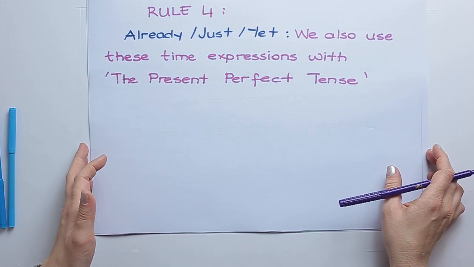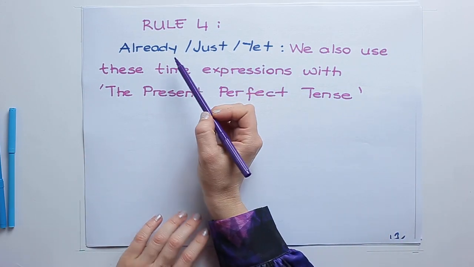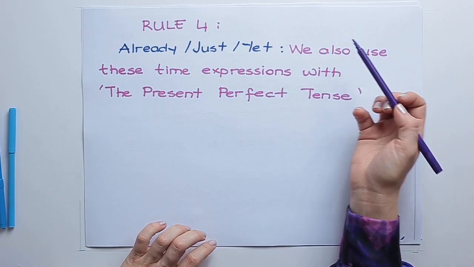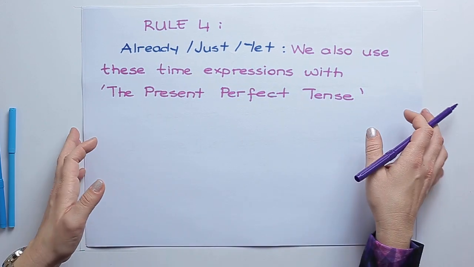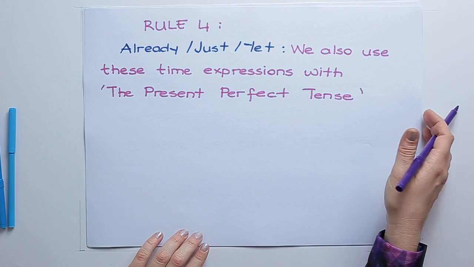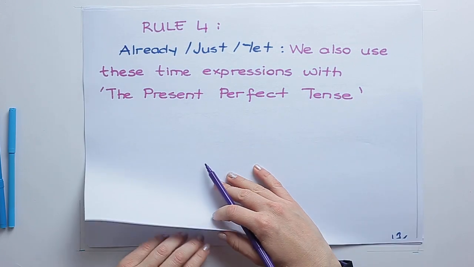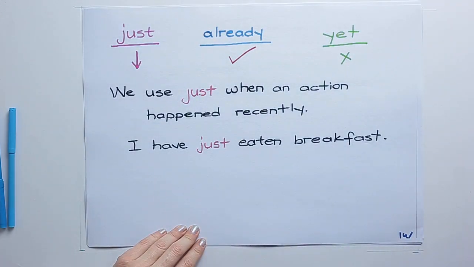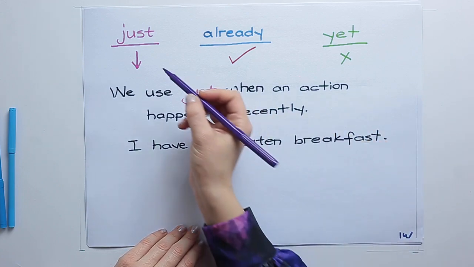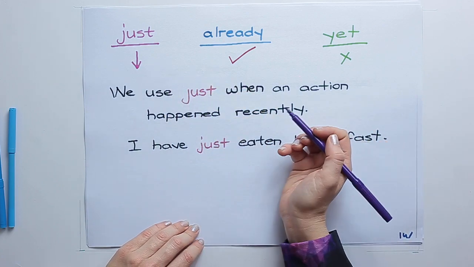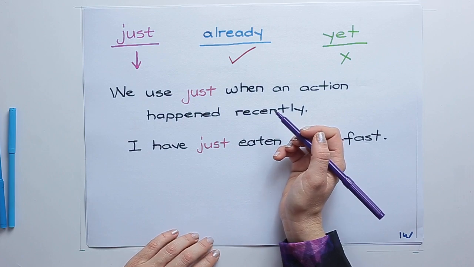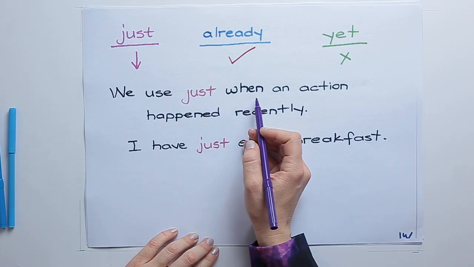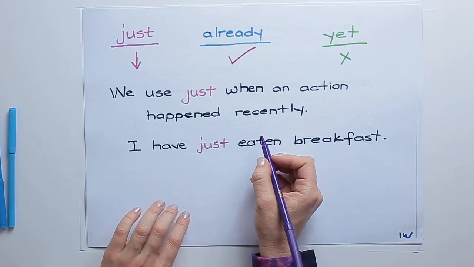Now, rule number 4. We've got already, just, and yet for the time expressions to use in perfect tense. Let's take a look at already, just, and yet. The first one that we're going to learn is just. How is just used in the sentences? We use just when an action happened recently.